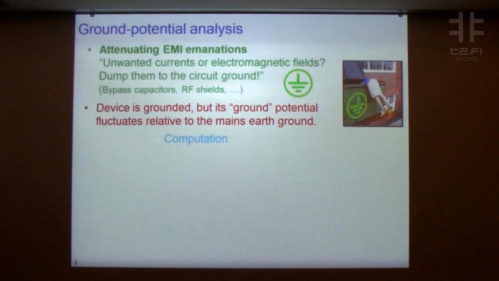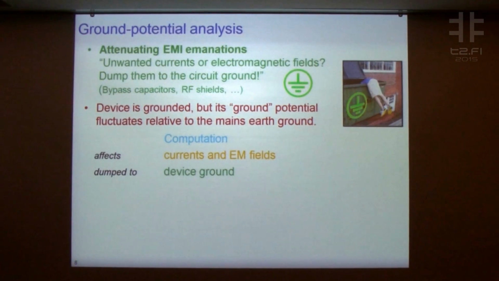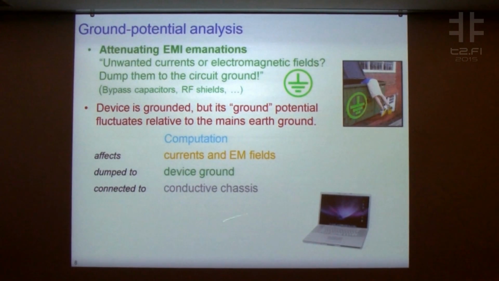So what we have here is a computation which will affect the currents in the EM field inside our device, which then is going to be dumped to the device's ground, which is connected to the conductive chassis of the laptop. So here is the laptop, and it's really cool and modern, so its chassis is made of aluminum. Then this laptop is connected to the ground.